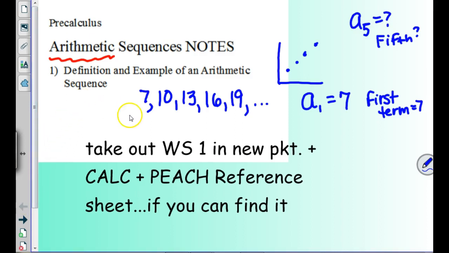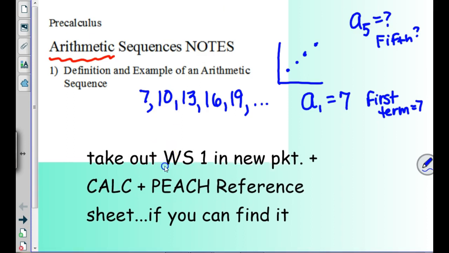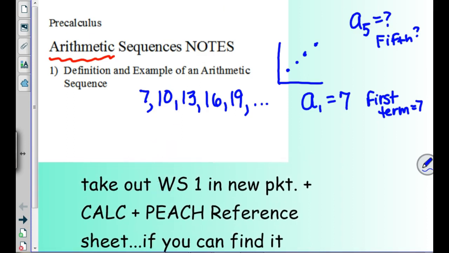So the definition, if we want to write a definition in our own words, what could we say? What makes this arithmetic? What are we doing? Yeah.